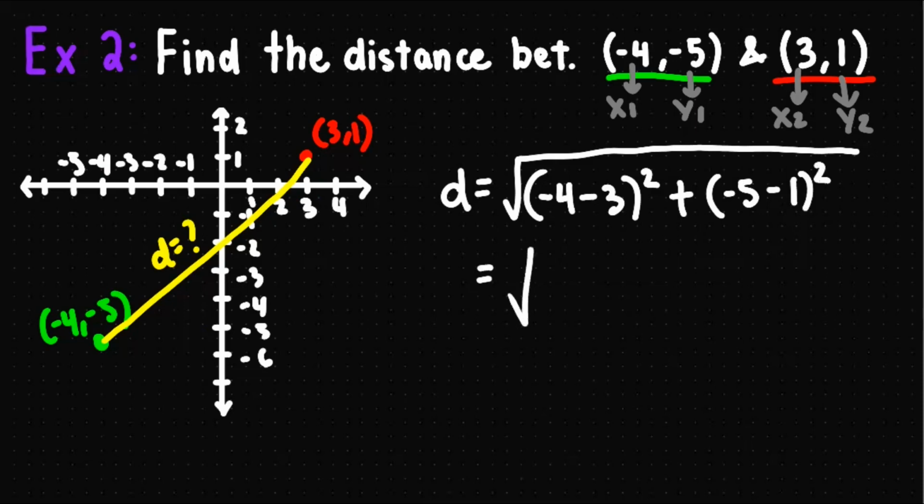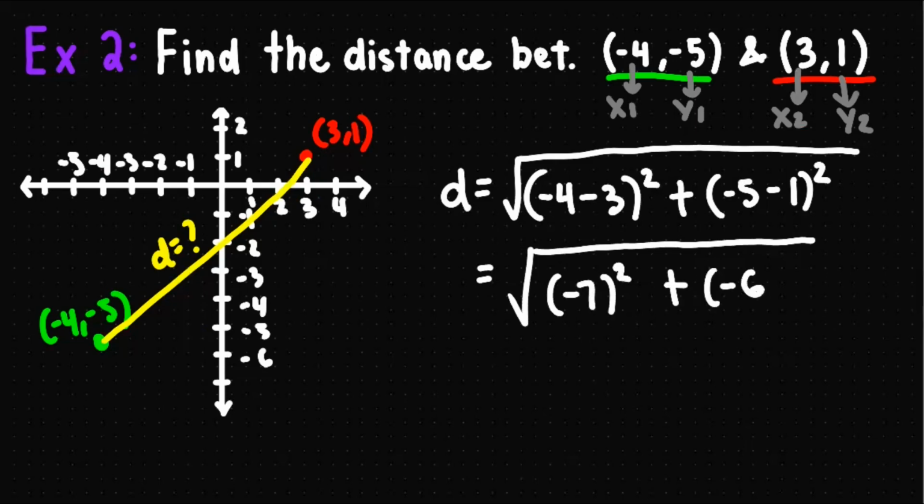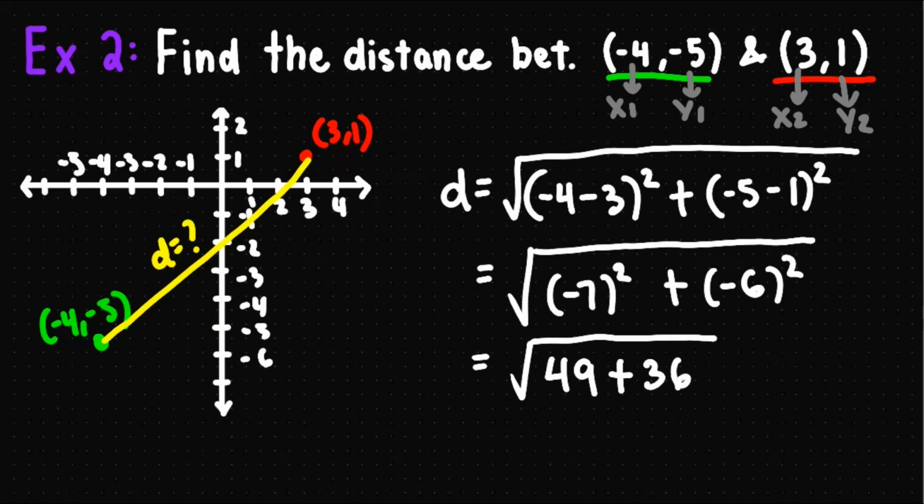Simplifying this will give us negative 7 squared plus negative 6 squared. 7 squared will give us 49 and negative 6 squared will give us 36.